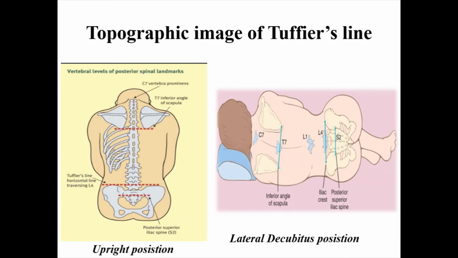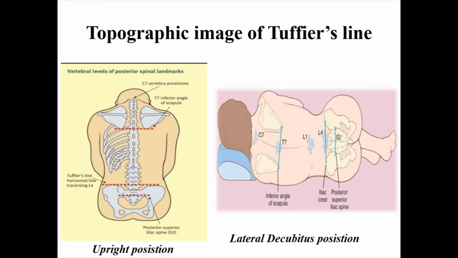Friends, this is the topographic image of Tuffier's line. What is Tuffier's line? Always palpate before spinal anesthesia. You see people saying to palpate Tuffier's line to get CSF. Tuffier's line is a transverse line connecting the tops of the iliac crests.